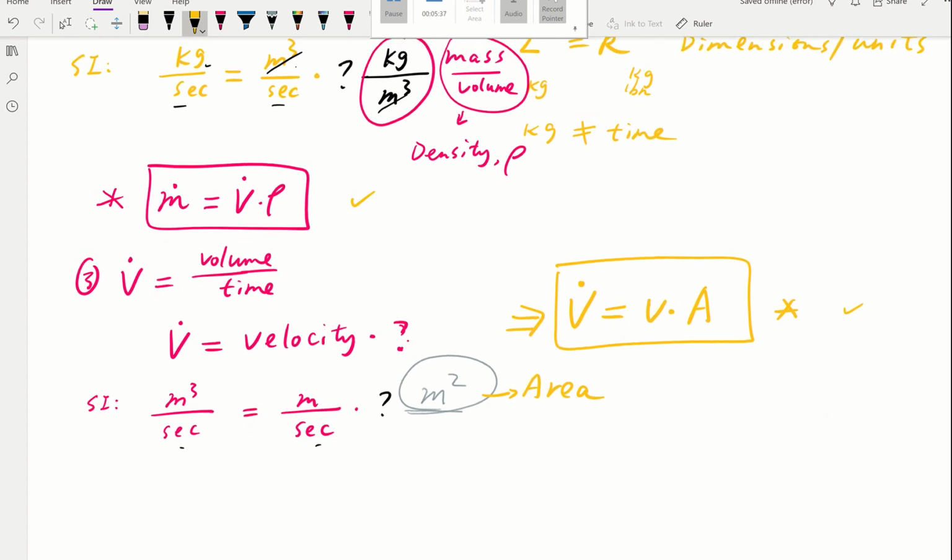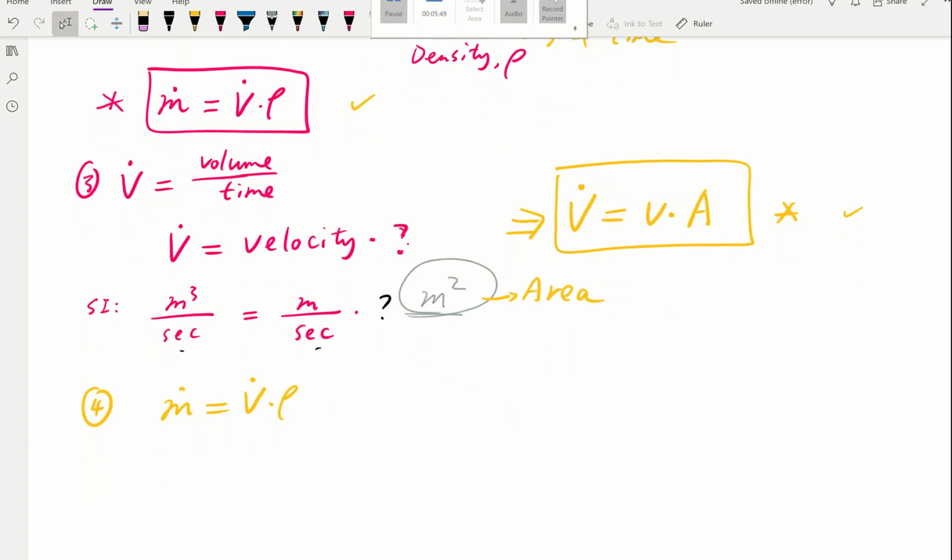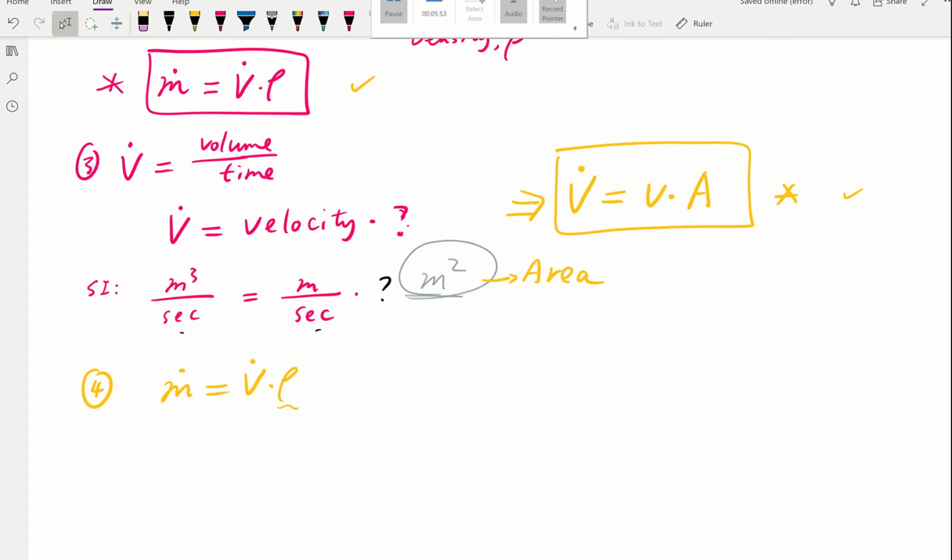Now we are going to go back for a quick summary. Mass flow rate is volume flow rate times density. However, in thermodynamics, we don't normally use density. We use specific volume, which is small v. Specific volume is the reciprocal of density.